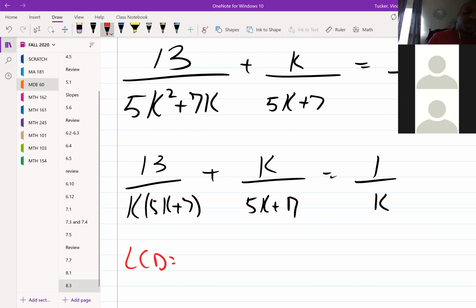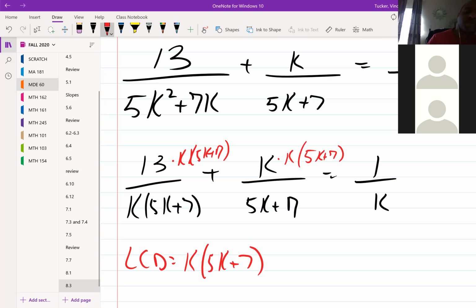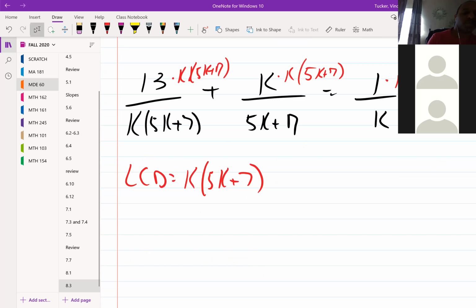So I take 13 times k(5k plus 7) over k(5k plus 7), plus k times k(5k plus 7), equals 1 times k(5k plus 7) over k. I'm not concerned about my denominator because of the equal sign.